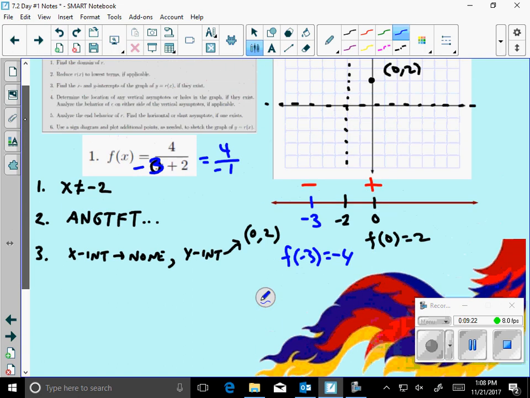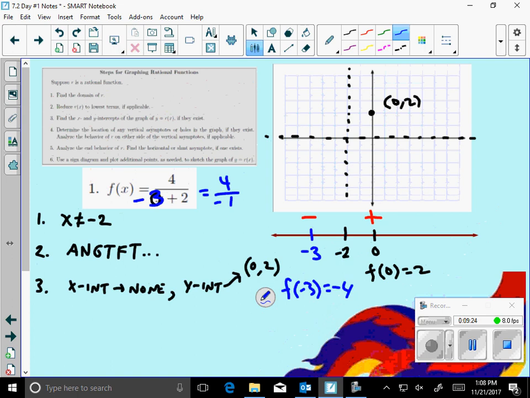And that, you guys, is how we would isolate this. So -3 would be -4. All right, so our sketch of our graph would look like this.